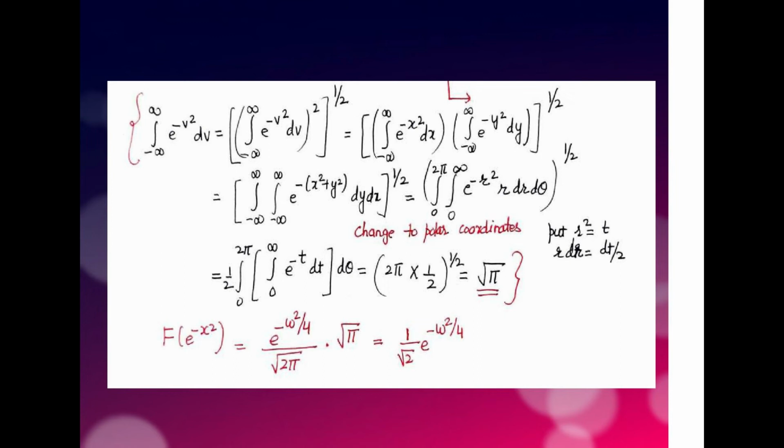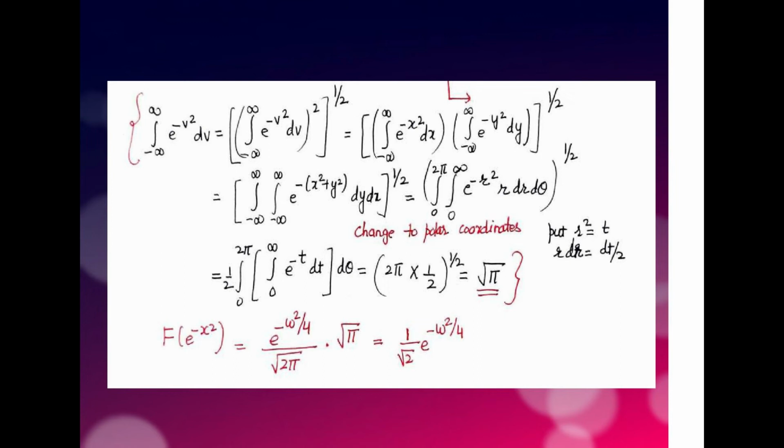The variable is v. Now we keep variable v or we define some new variable. It hardly makes any difference because finally we just substitute the limits as plus infinity and minus infinity. So I am changing the first integral and writing the variable as x, and in the second part I am writing the variable as y.